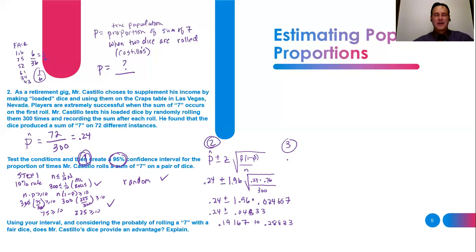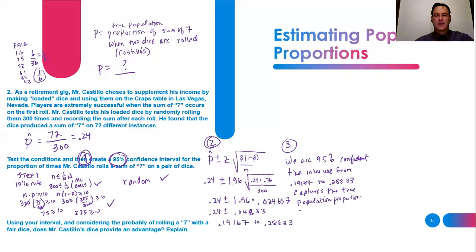All right, and here's what we're going to say. We will say that we are 95% confident the interval from 0.19167 to 0.28833 captures the true population proportion of dice rolls.